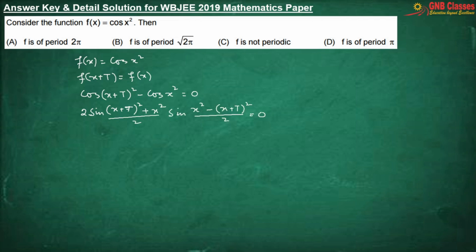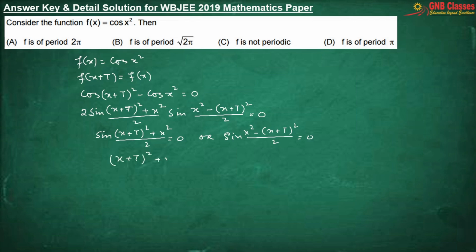We are getting, so from here we can say either this equals 0 or this equals 0. Okay. So from here we are not going to get any real values of T, for which (x plus T) whole square plus x square will become 0.